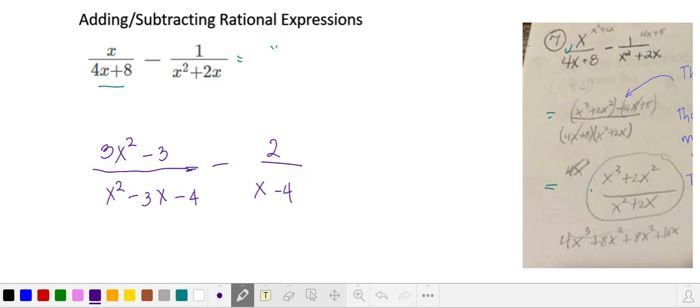Okay, so try this particular problem, and you can send me the solution. All right.